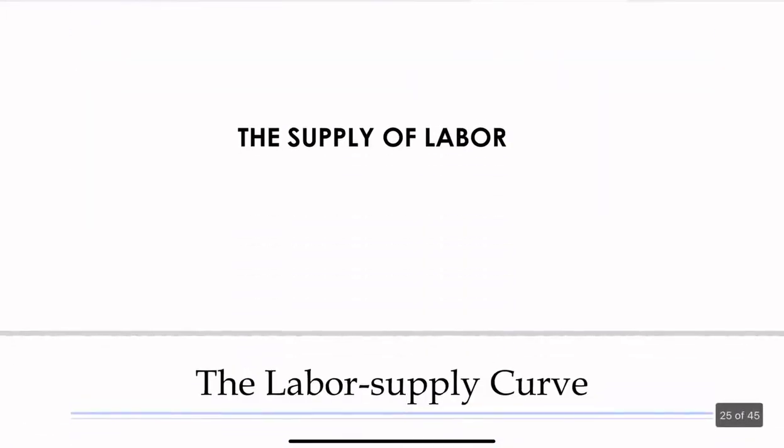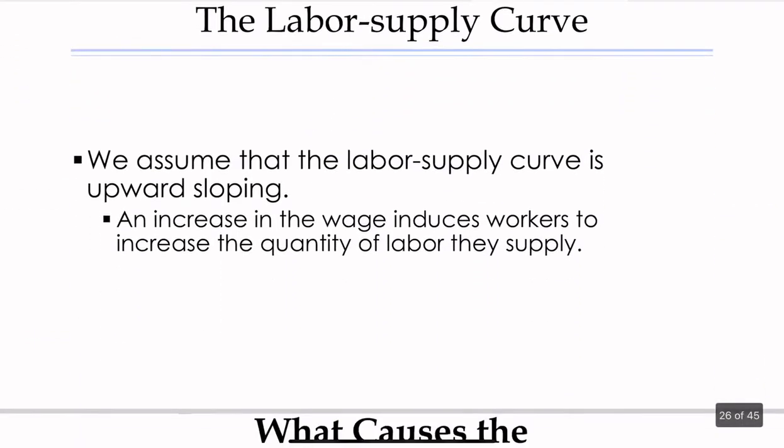Okay, we discussed the demand side. Now let's talk about the supply side. First, we assume the labor supply curve is upward sloping. This is similar to the supply curve in the product market, right?